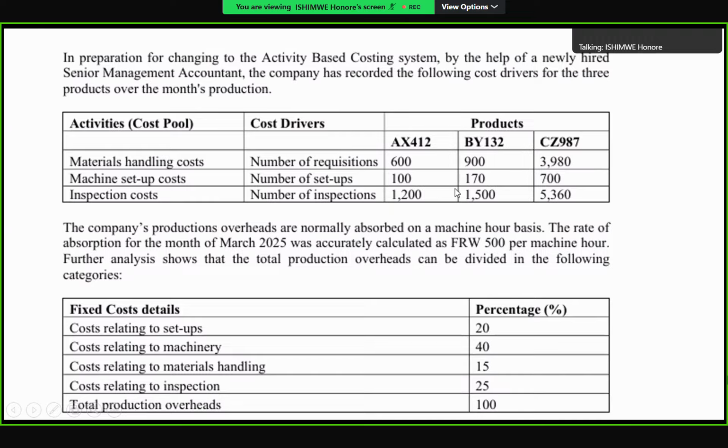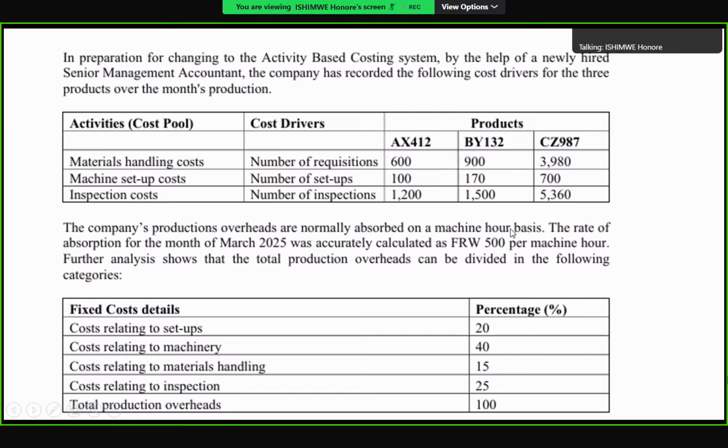Now, the company's production overheads are normally absorbed on a machine hour basis. That's what I said to you. If the examiner is silent, that is when you use labor hours. But when the examiner says you have to use machine hours, that is what you should do. They say the company is using machine hour basis, so you use machine hour basis in absorption costing.